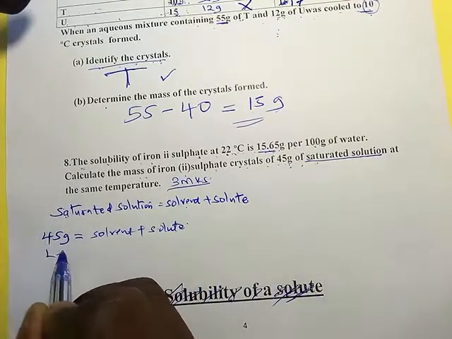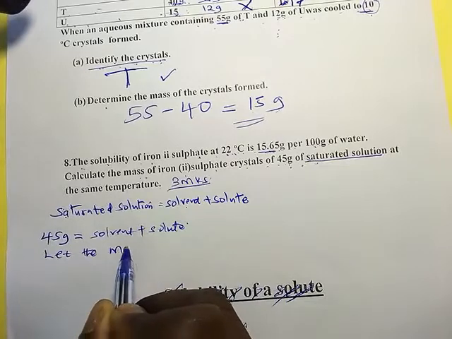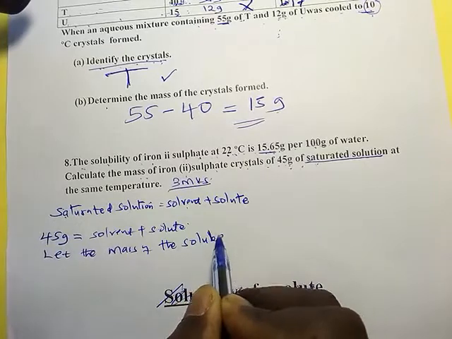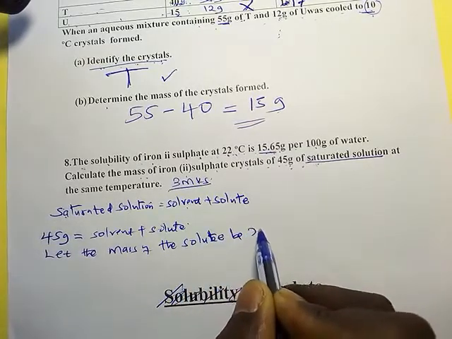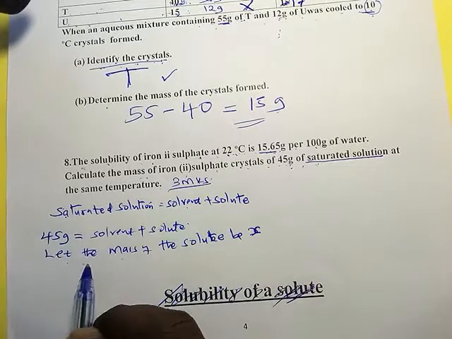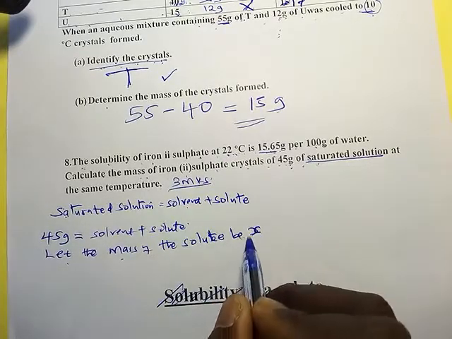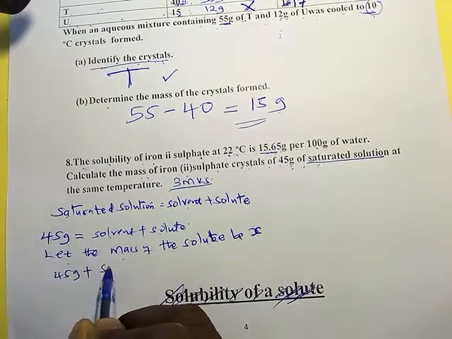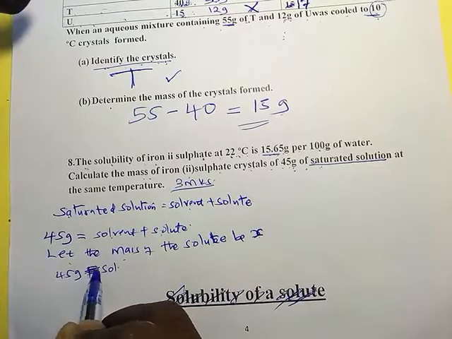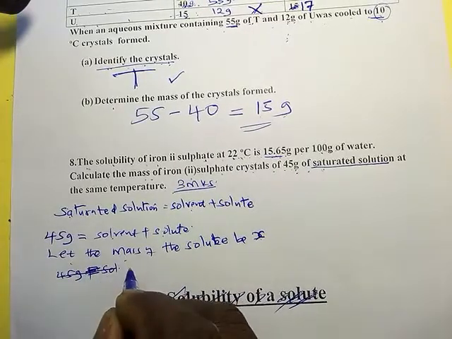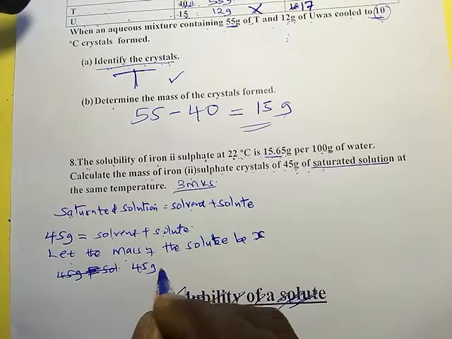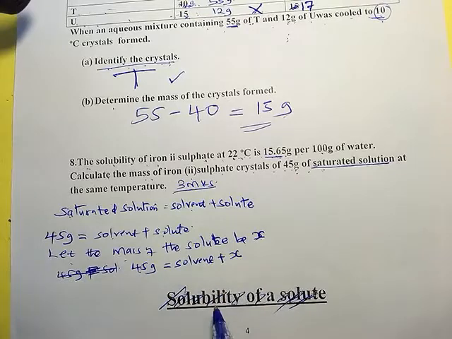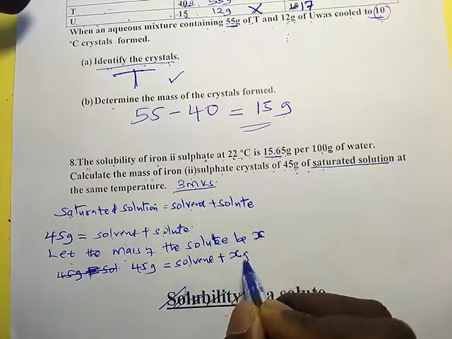So let the mass of the solute be X. Right? If the mass of the solute is X, now we will have 45 grams, which is the solution, equal to the solvent plus X grams.